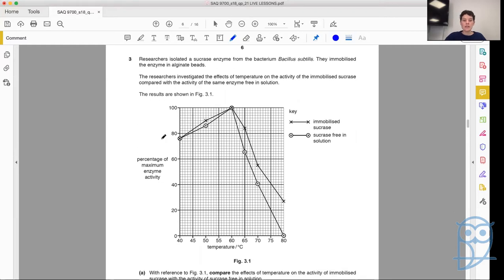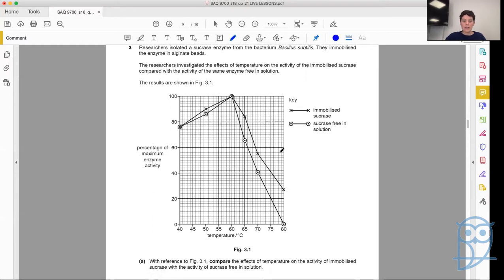So we've got percentage of maximum enzyme activity against temperature in degrees C. We're looking at a range from 40 to 80 degrees C. With our X's, we've got our immobilized sucrase, and with our dots, we've got sucrase, which is free. Okay, and we can see that they both go up.